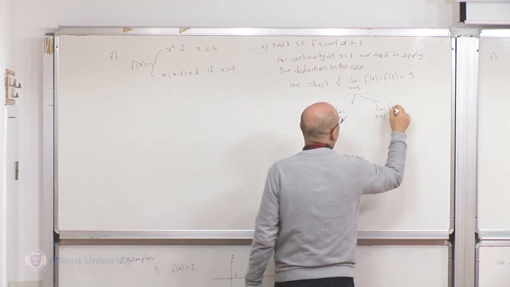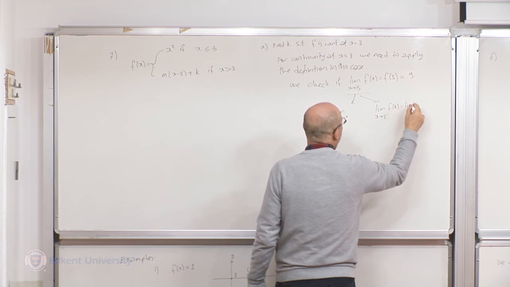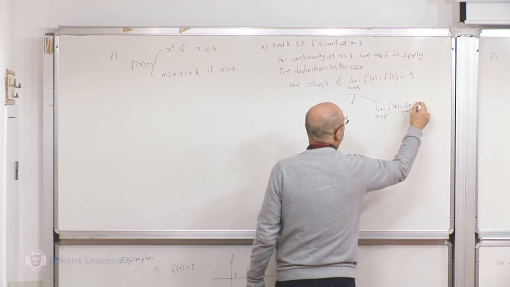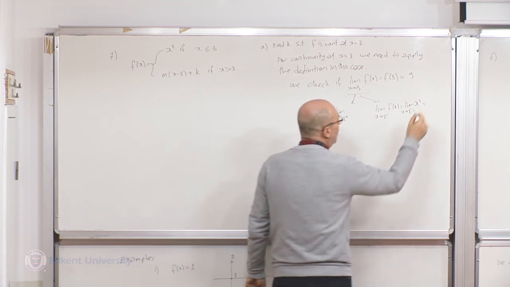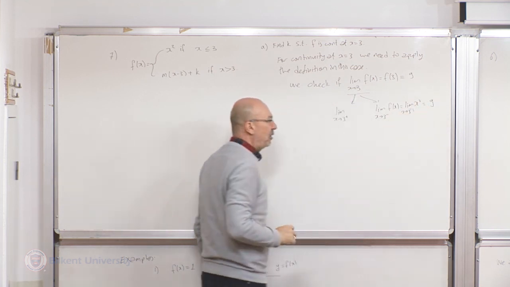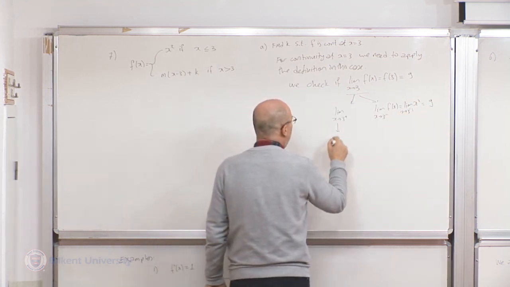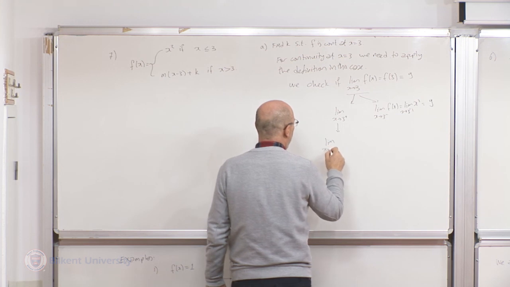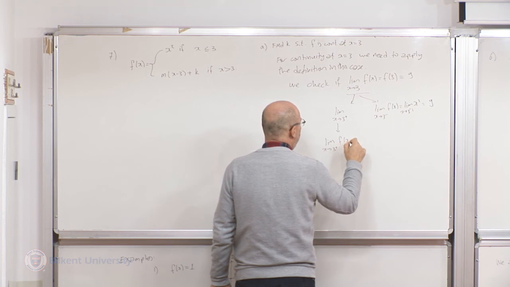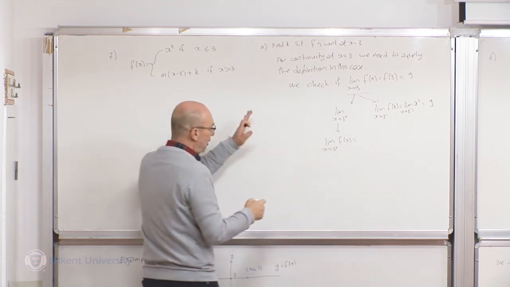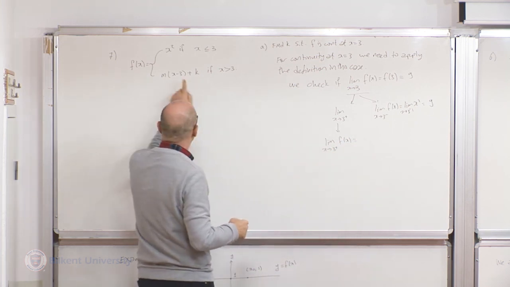So this is the limit as x goes to 3 from the left of x squared. Well, this is a polynomial, so you just put in the value. This is 9. So on this part, it is OK. So for this thing, I have the limit as x goes to 3 from the right of f of x. The formula when x is to the right of 3 is this.